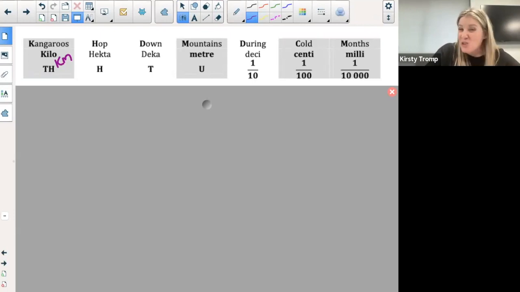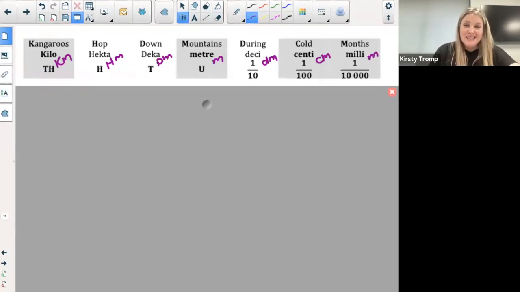We don't really deal a lot with hectometers in South Africa and as students, but hectometers is another term that we use. Then we've got decameters, again not really something we use a lot in South Africa. Meters. Then we have decimeters, so little d. Centimeters. And then we have millimeters.